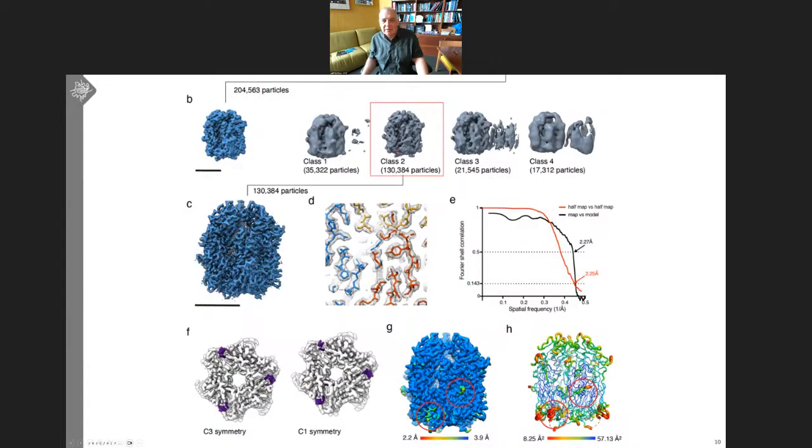And then after 3D classification, it turns out that this class included threefold symmetry in position, then went to 2.2 or 2.3 angstroms resolution. And you can see here nicely an example of the electron density map, or the electron potential map, that shows nicely featured aromatics and side chains.